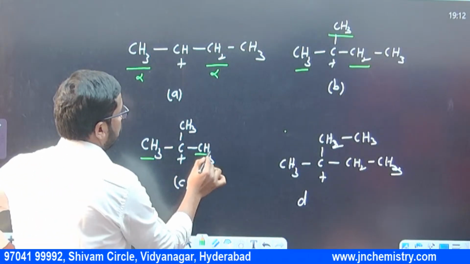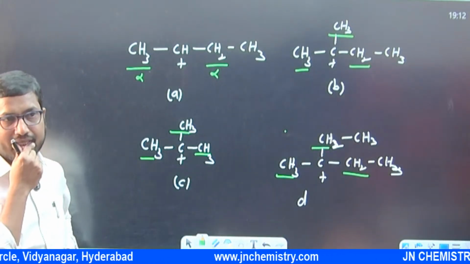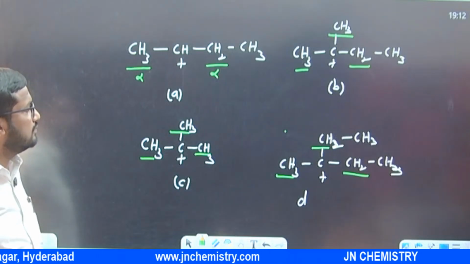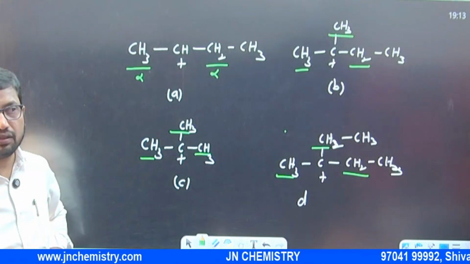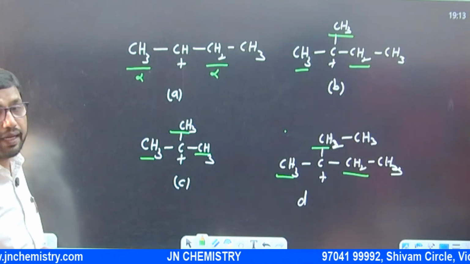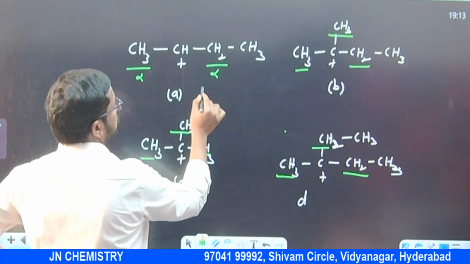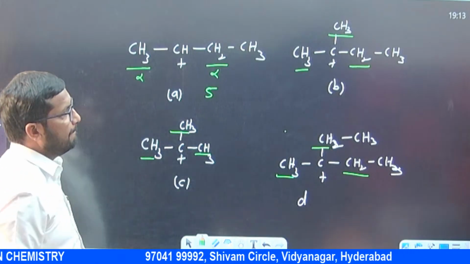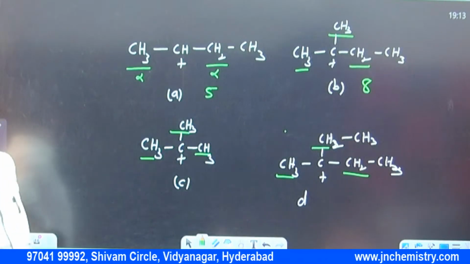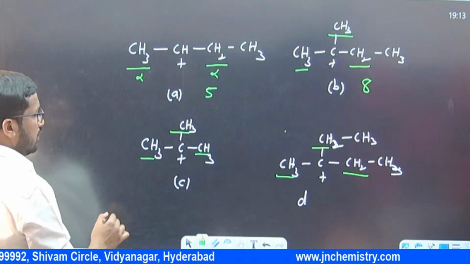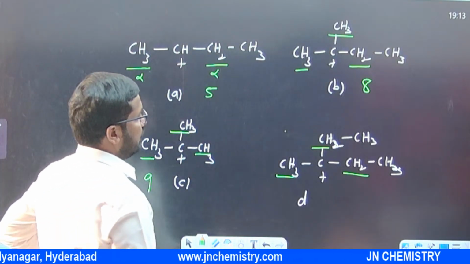In this case also, in A case, how many alpha hydrogens? A: 3 plus 2, 5. B: 8. C: 9. D: 7.